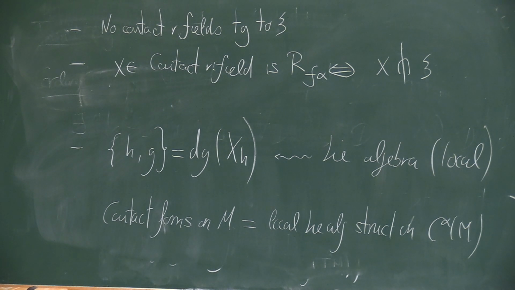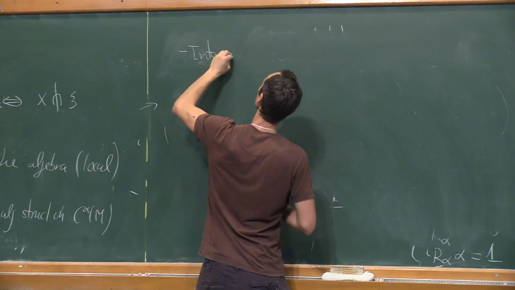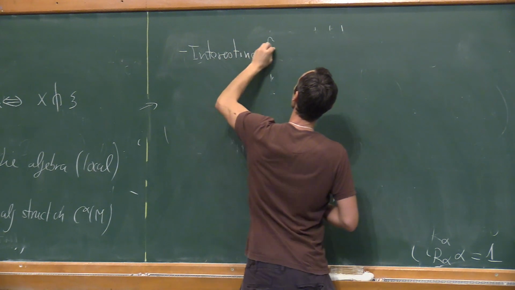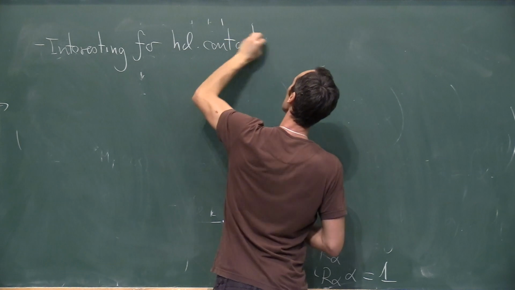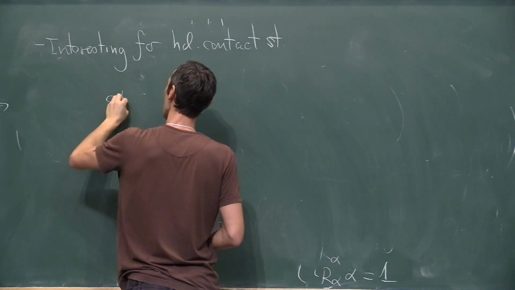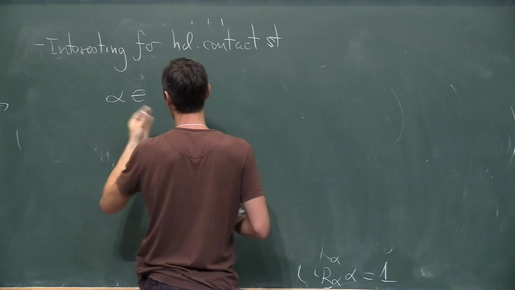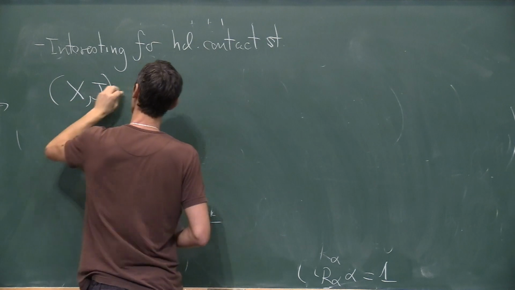For me, looking at contact structure from the viewpoint of local Lie algebras is especially interesting when you're doing holomorphic contact geometry, for the following reason. How would you define a holomorphic contact form on your complex manifold?